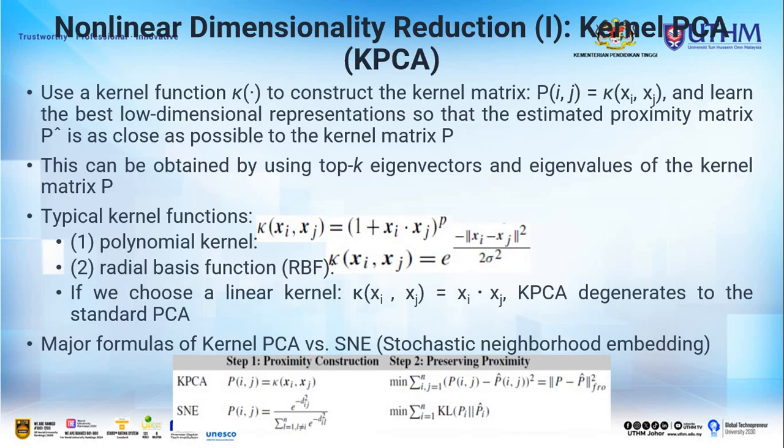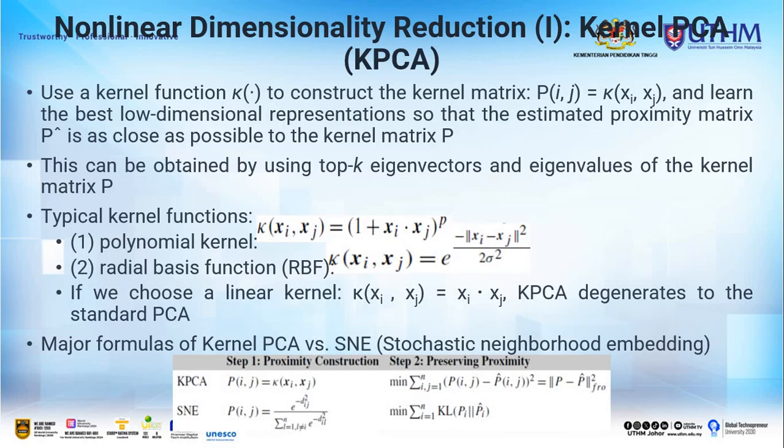Number 3, we have eigenvalue decomposition. So the best low dimensional representation can be obtained by using the top k eigenvectors or eigenvalues of the kernel matrix P.